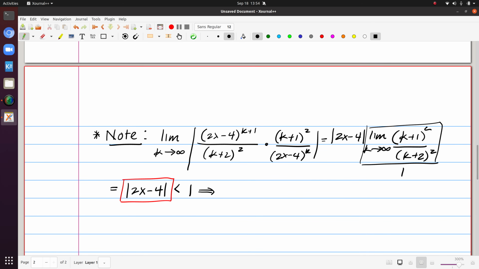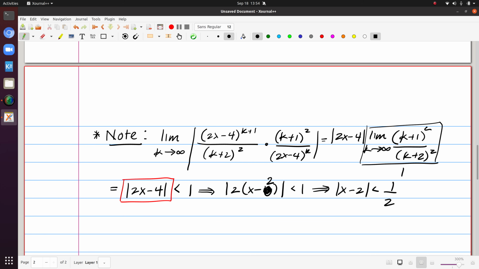I'm recognizing that this is 2 times the absolute value of x minus 2, since I factor that 2 out, and again ending up at the same conclusion.